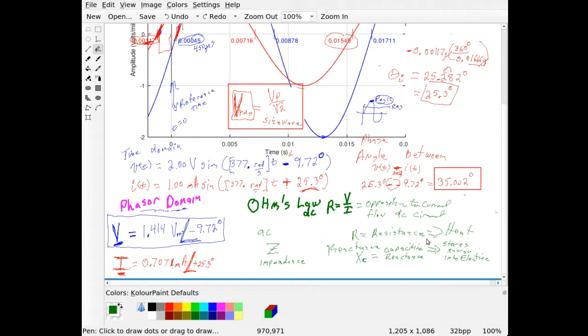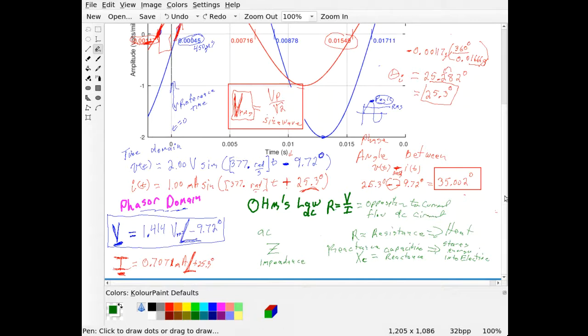When we store that, that act of converting moving electricity into stored energy opposes current flow. So there's an opposition to current flow because of that transfer of moving energy into stored energy. Therefore, we get this opposition to current flow, and we call that capacitive reactance.